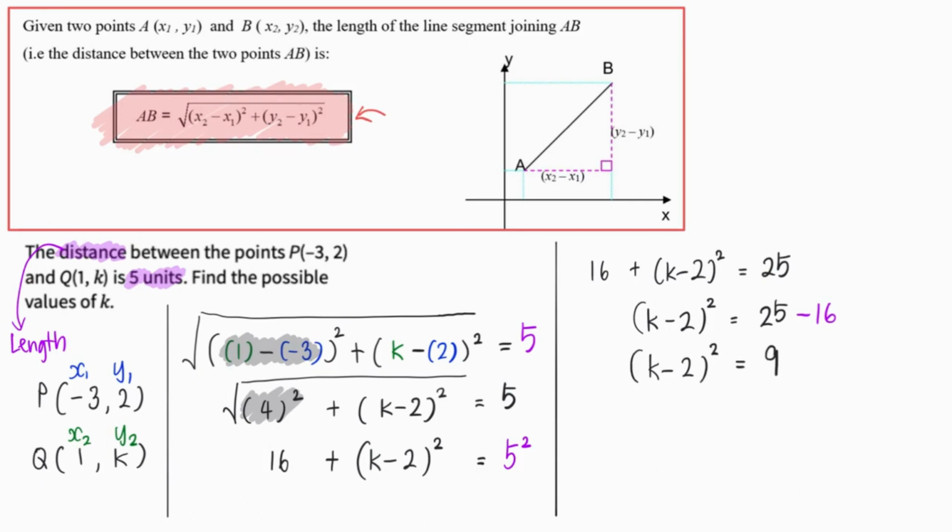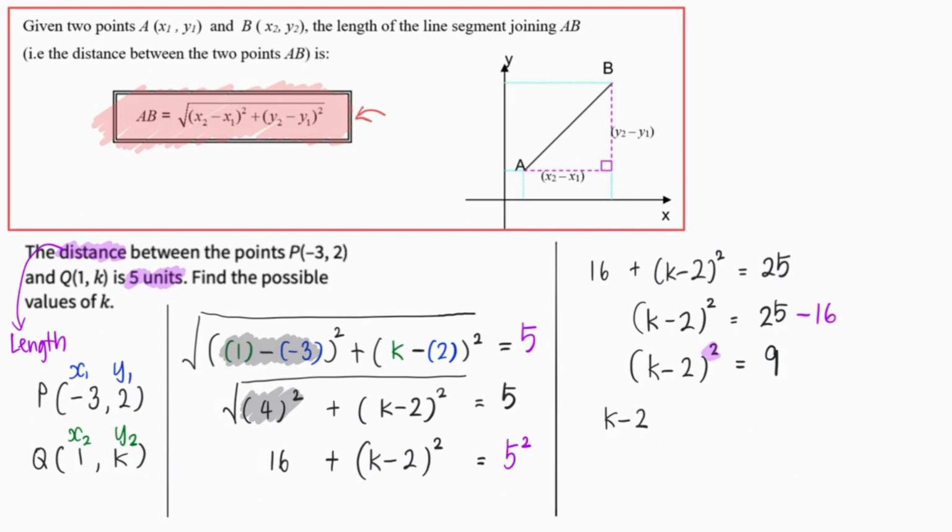And so, take note of my next step. My next step would be interesting because if I do not want the square, I will have to square root both sides.